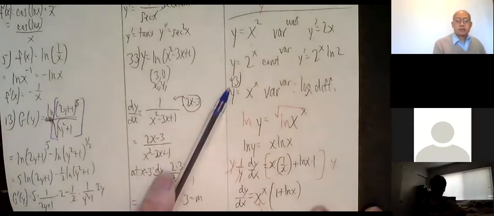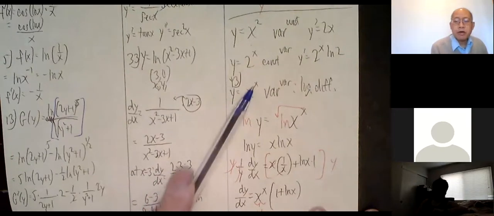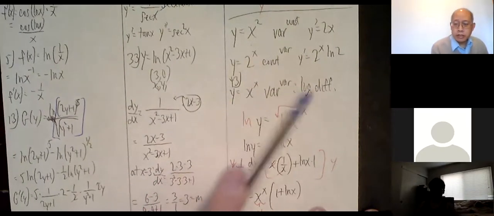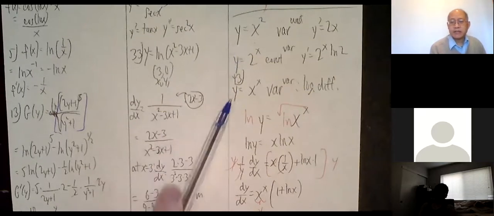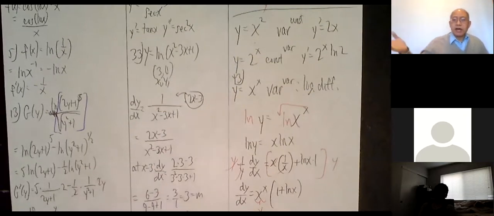And then for something like 43, you have a variable raised to a variable. You're going to do this logarithmic differentiation. And you might say there's one case I left out, a constant to a constant. Well, if you have a constant to a constant, it's still a constant, right? Like 2 to the 50th power. What's the derivative of 2 to the 50th power? 0, right?